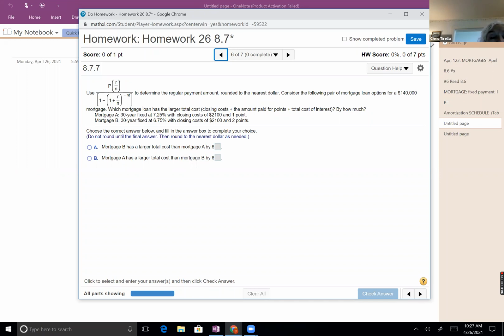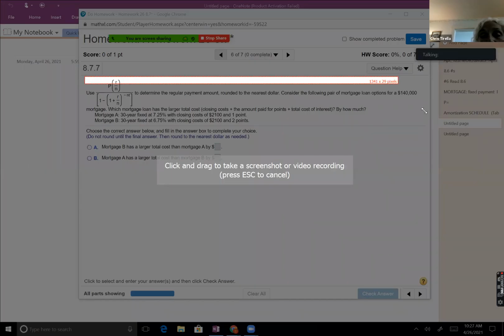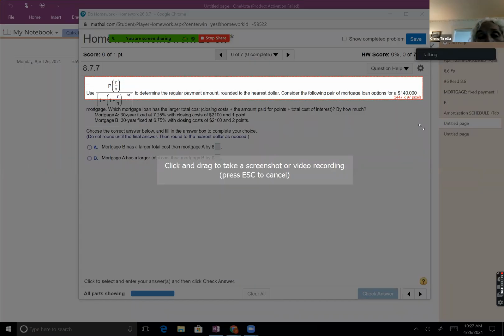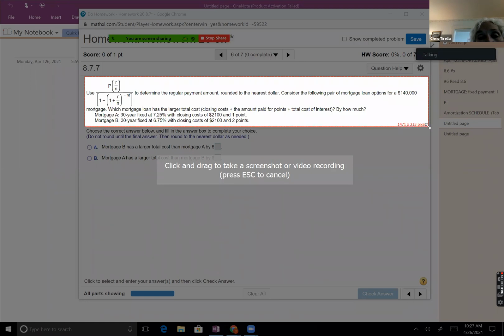And by total cost, I mean closing costs plus the amount paid for points plus the total cost of interest, and by how much. So let me take a picture of the question, and then let's type our answer in.